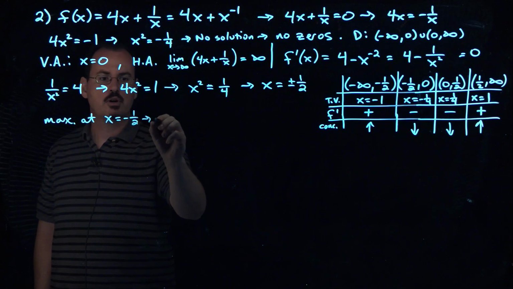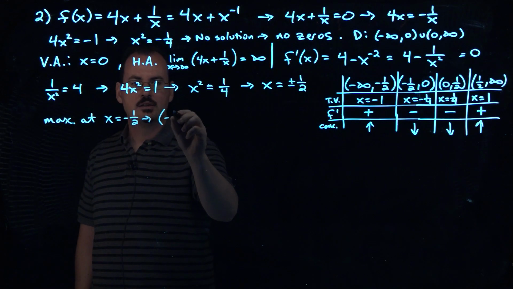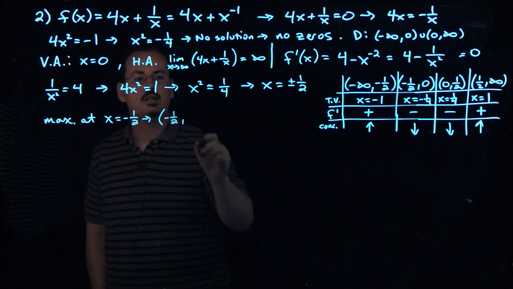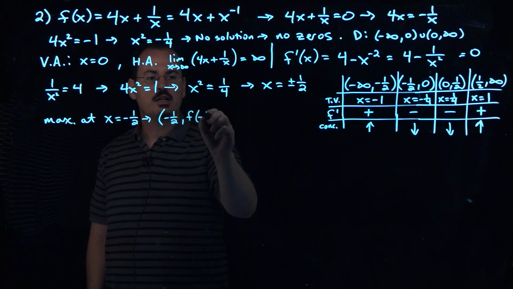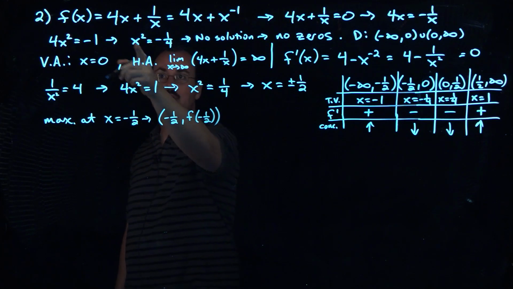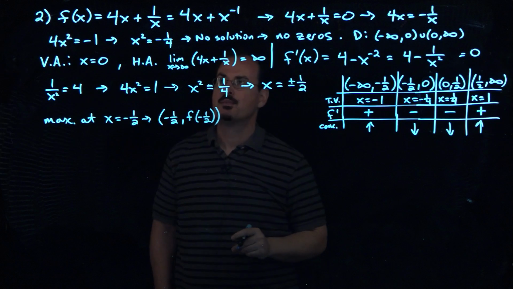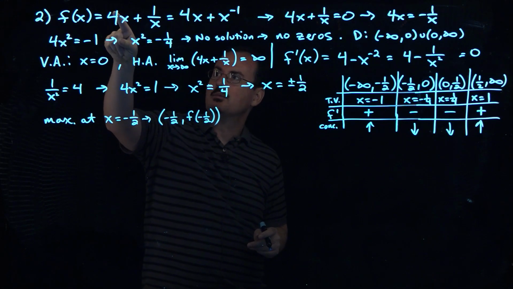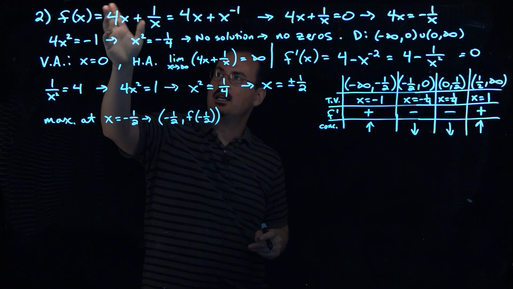And then again, we want to figure out what the y value is there. So -1/2, and then f of -1/2 will be the y value. Let's go ahead and write that, f of -1/2. Now remember how we do that. We take that and plug it back into the original function. So if I plug -1/2 in here, that's going to give me 4 times -1/2, that's -2.